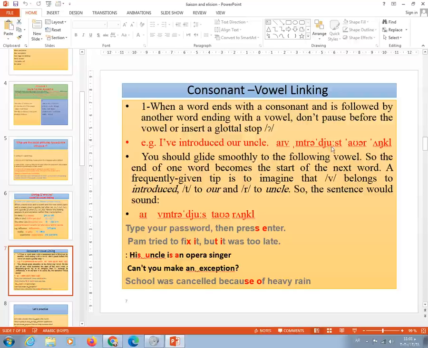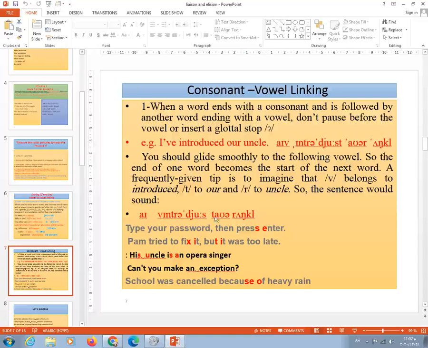Our and introduced: the ed is pronounced as t because the word ends with a final voiceless consonant. So, introduced. Then the word our starts with a diphthong, so we have three vowels. How do we do it? We say introduced-our.